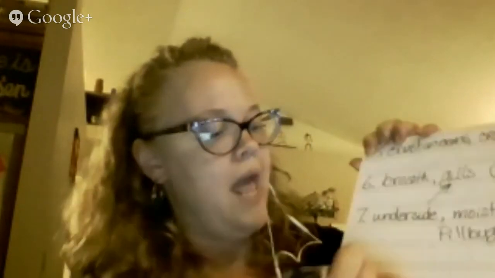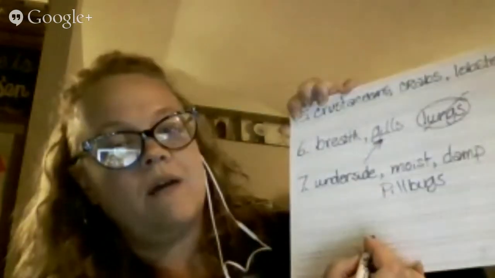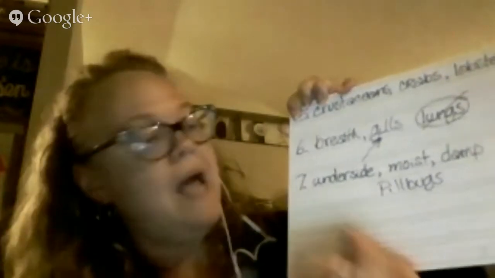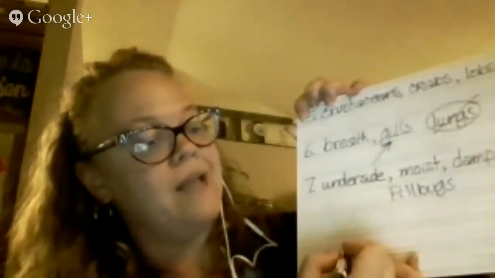Okay, so they're going to use a different sheet of paper. I don't have one to use, so I'm going to go ahead and just turn mine over and come down here and write pill bugs. And down here, I'm going to start my paragraph because I'm leaving a line, and then I can start here.